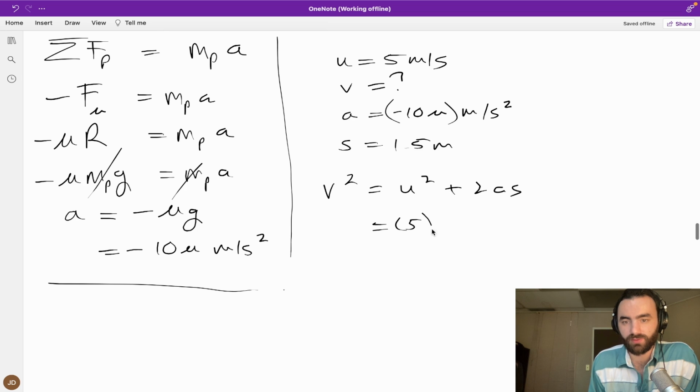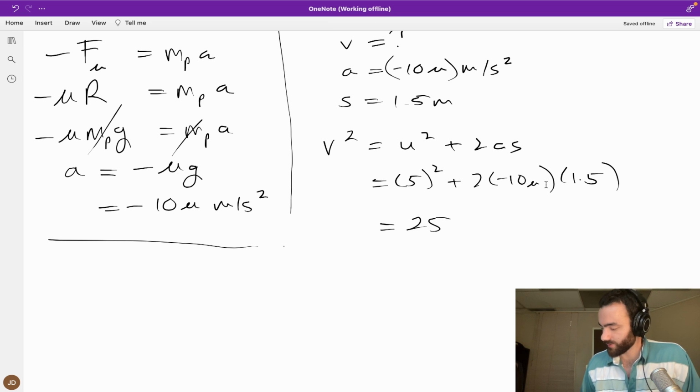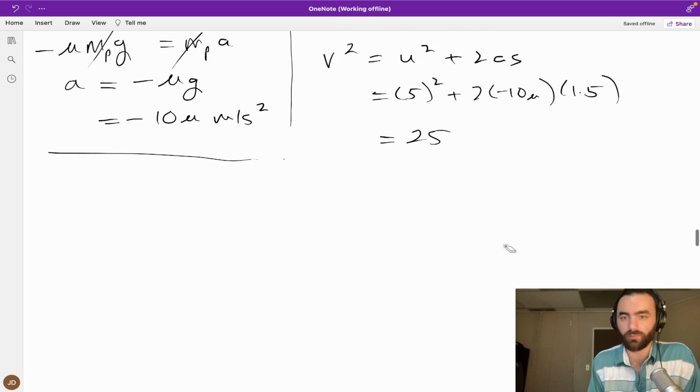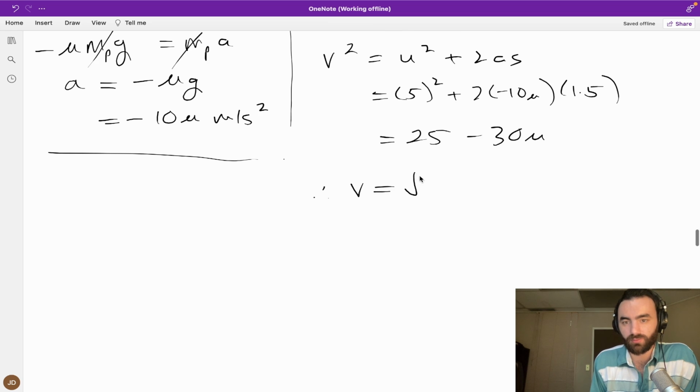So we get 5 squared plus 2 times minus 10 mu times s, which is 1.5. That gives us 25 minus 30 mu. Therefore, the velocity just before it hits Q is the square root of 25 minus 30 mu meters per second.